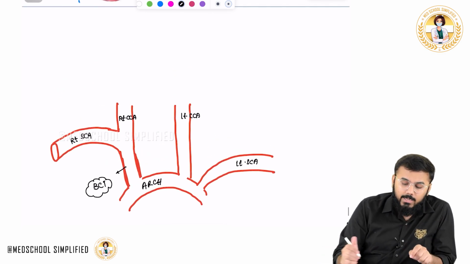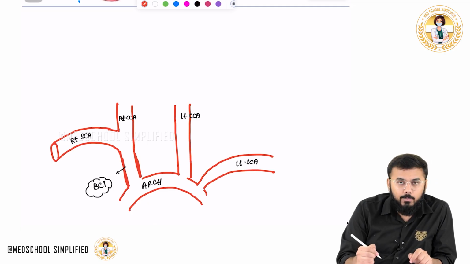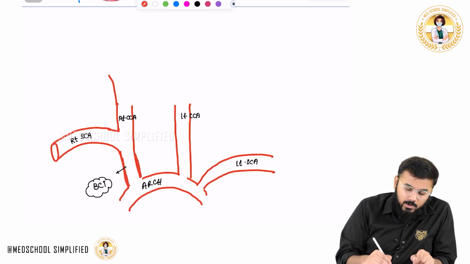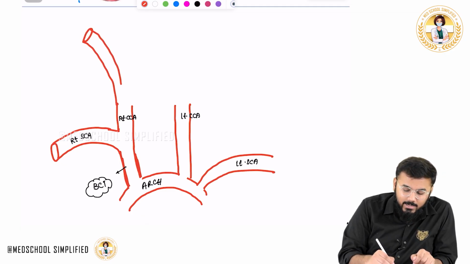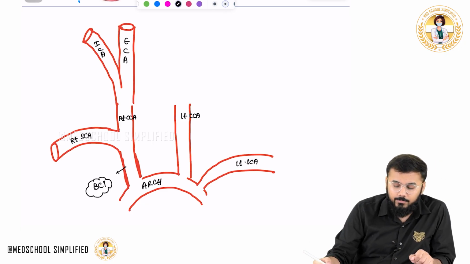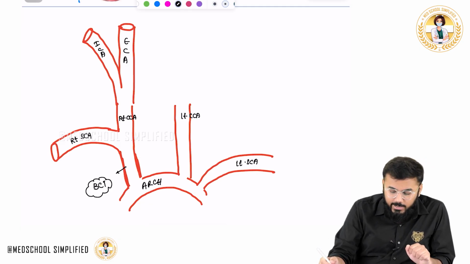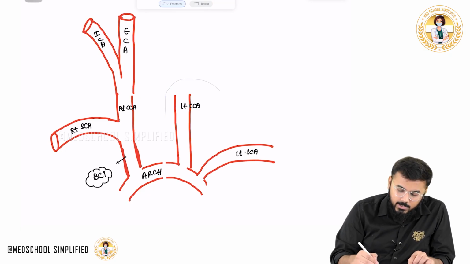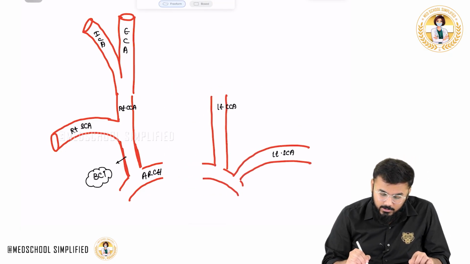Now this common carotid artery will in turn divide into two branches. One branch going out is called your internal carotid artery, and another one is called the external carotid artery. Clear? Now the same thing is happening on the left side as well. Let me stretch this part a little bit so that it is easy for us to understand.